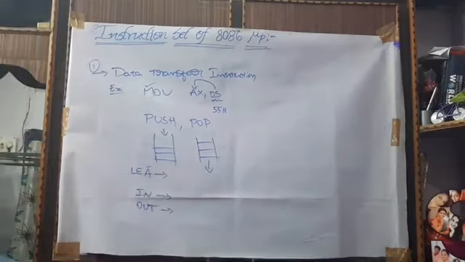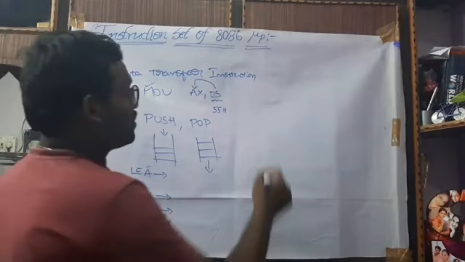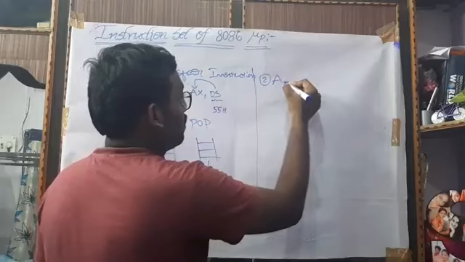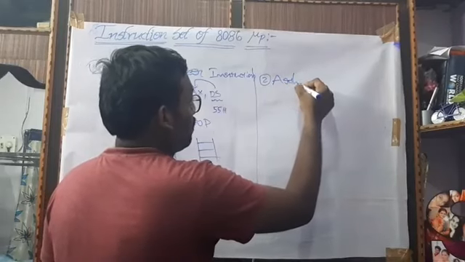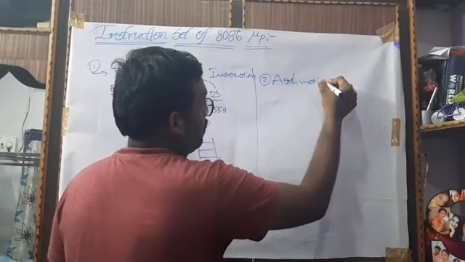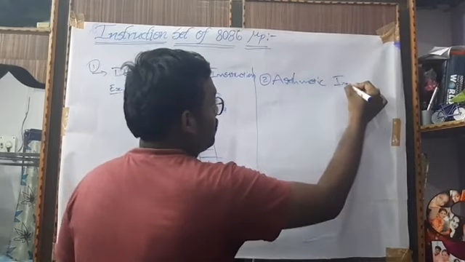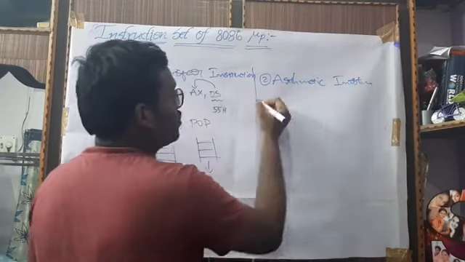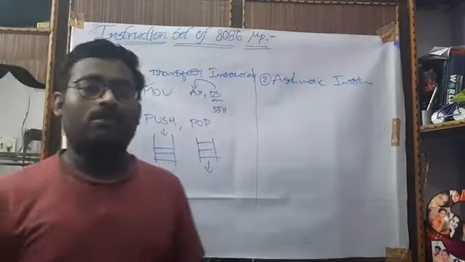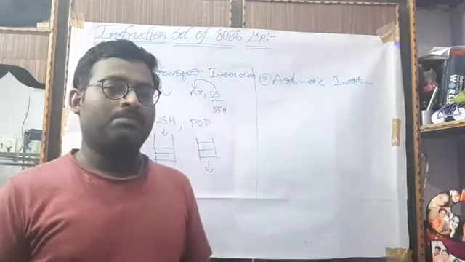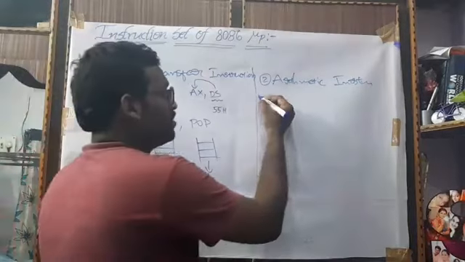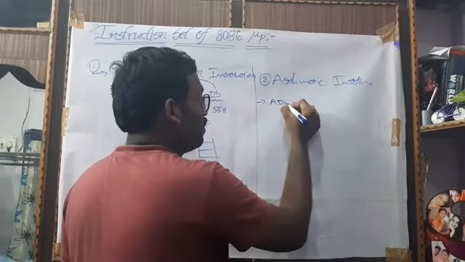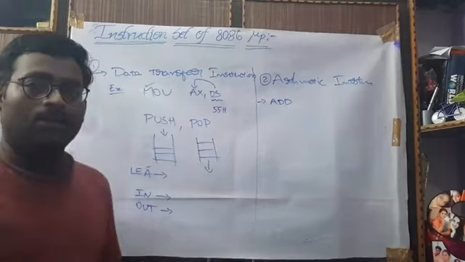Next is arithmetic instructions. Addition, subtraction, multiplication, all these types of instructions are here. For example, ADD.